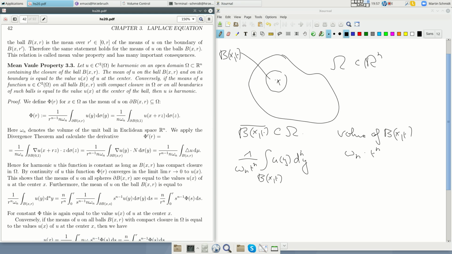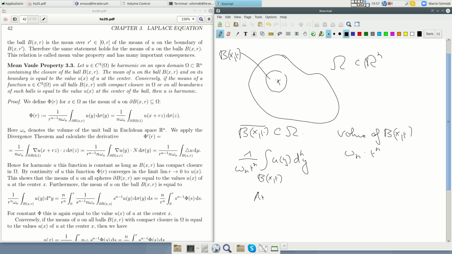Now the area of the boundary of B(x, r) is sigma_n times r to the power of n minus 1. Since it has one dimension less, the area scales by one power less of r. And sigma_n, we saw this in the last section, is omega_n times n. So it's really n times omega_n times r to the power of n minus 1.